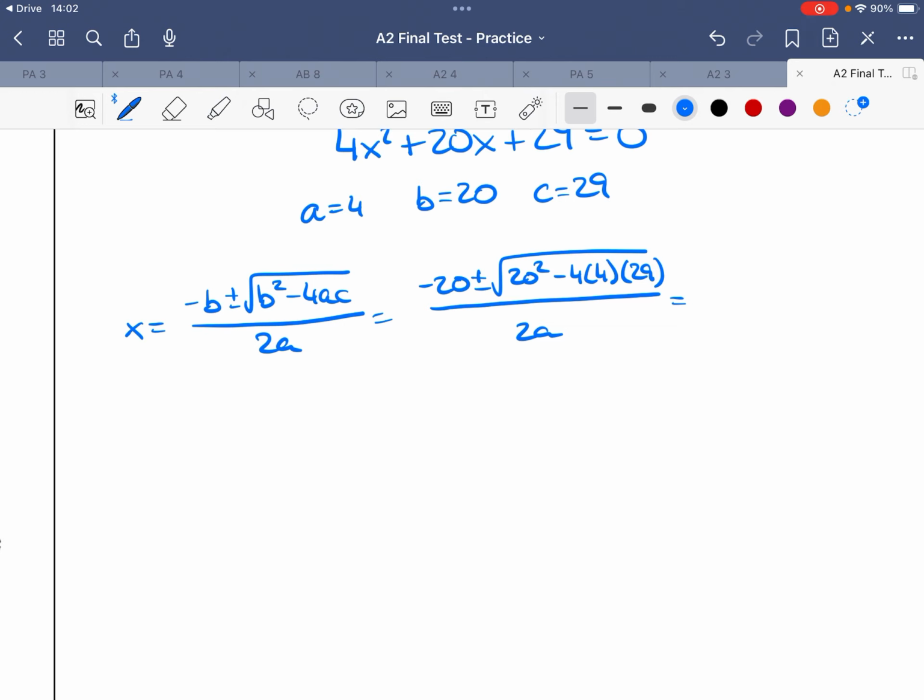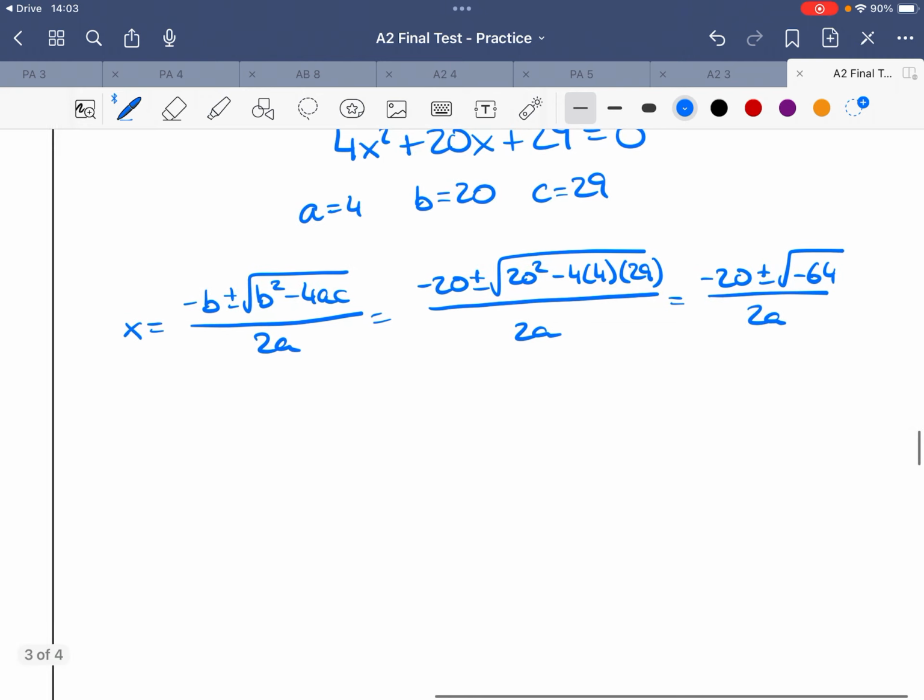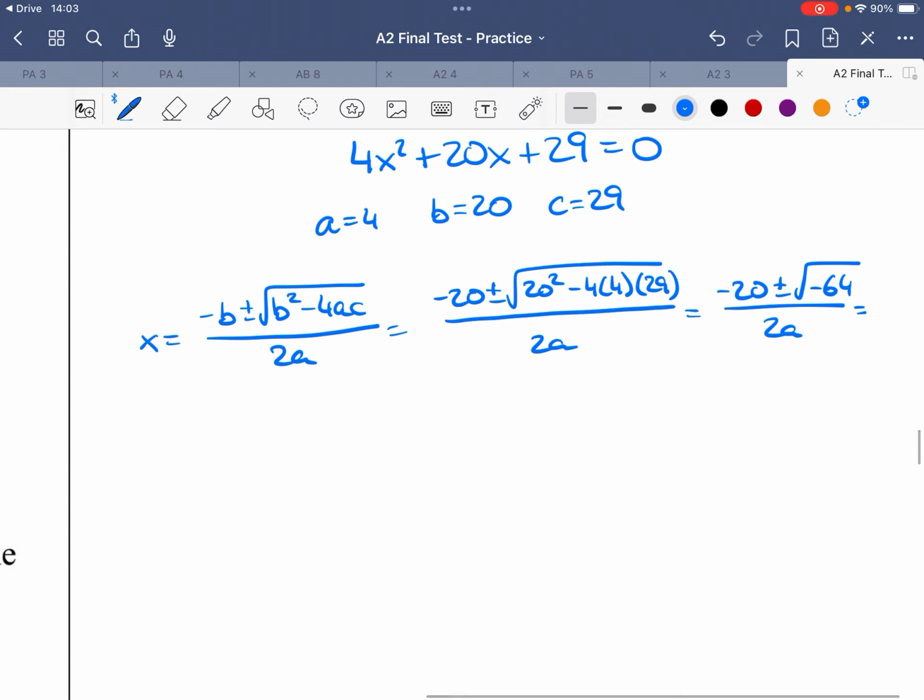I might need a calculator for this, so give me a second. First, I'm going to do the inside of the square root. And the inside of the square root seems to be negative 64. Then I'm going to simplify the square root.